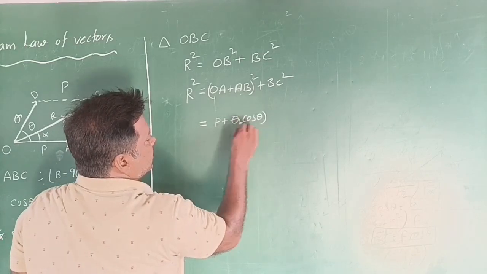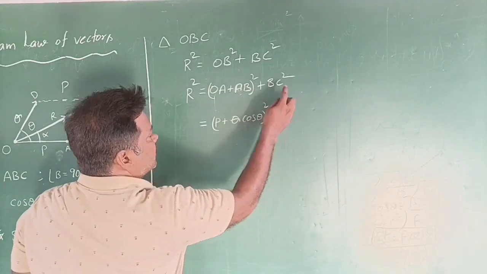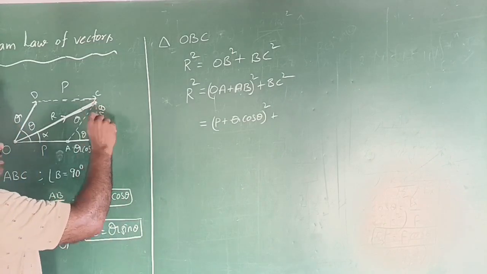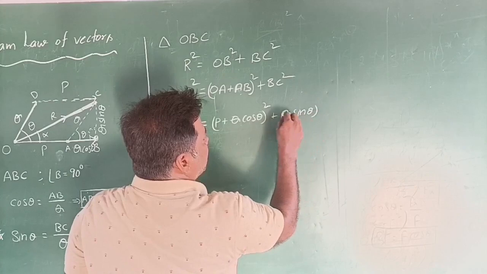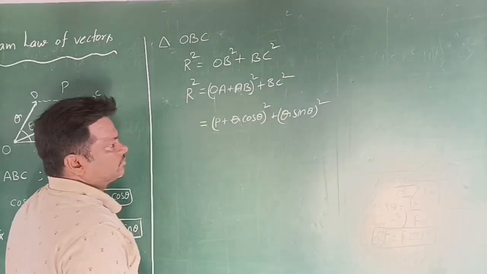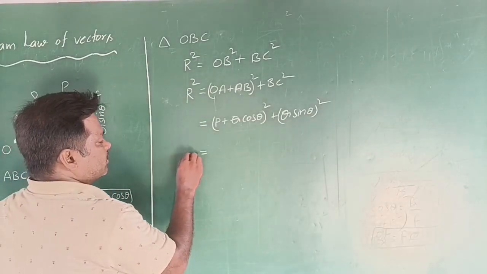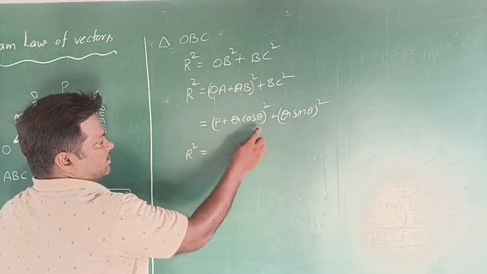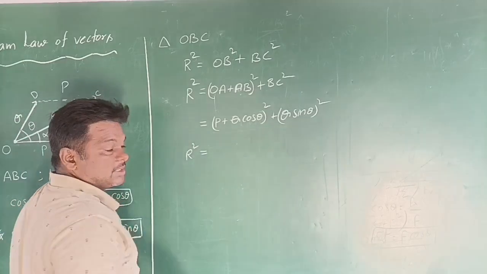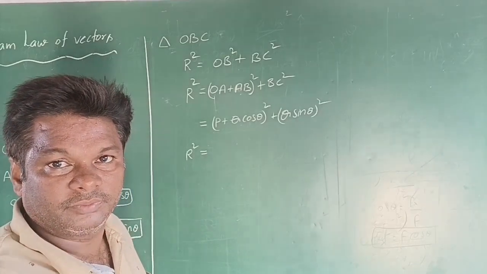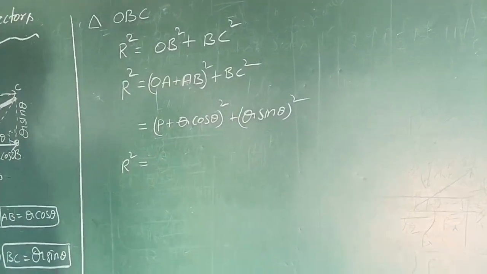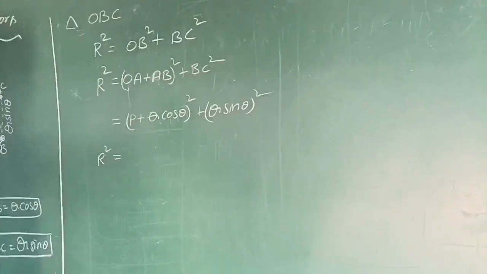P plus Q cos theta whole square plus BC square. What is the value of BC? It is Q sin theta, whole square. Now we will proceed with the A plus B whole square formula: A square plus B square plus 2AB. You are getting this?